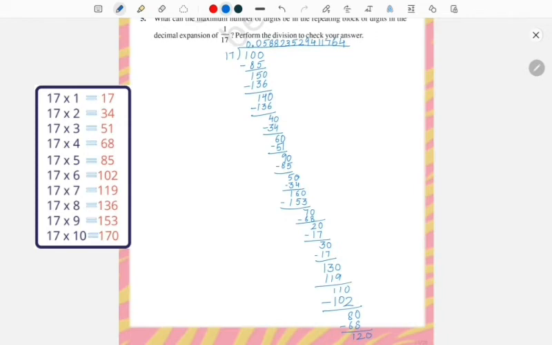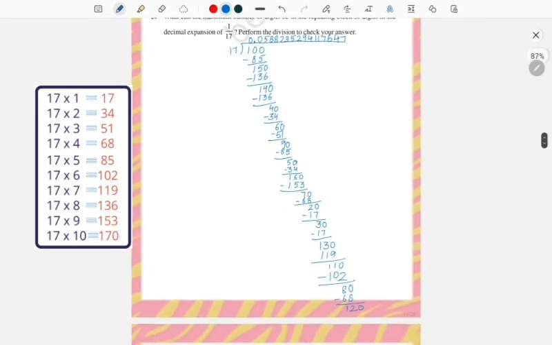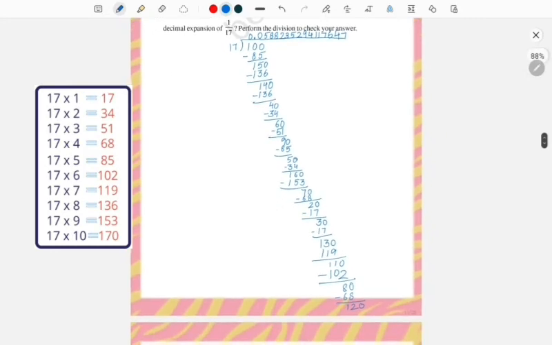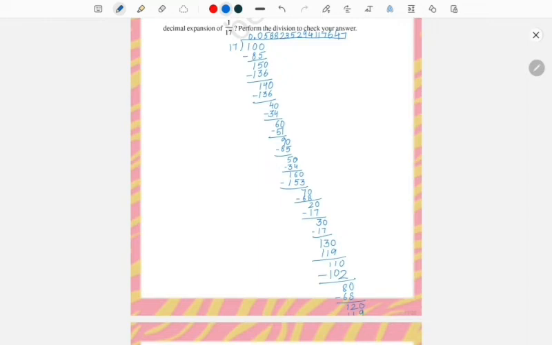Again, 17 sevens are 119. The remainder that came out would be 120 minus 119, which is 1.